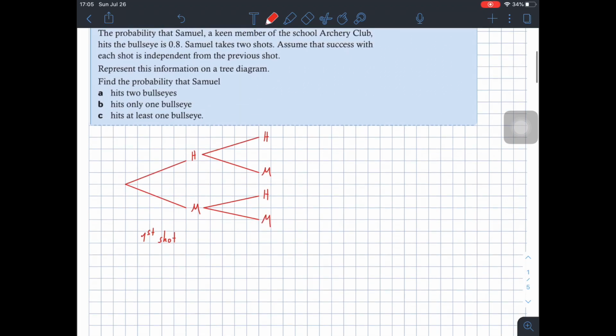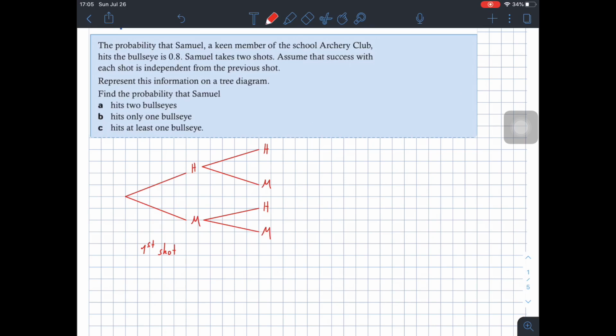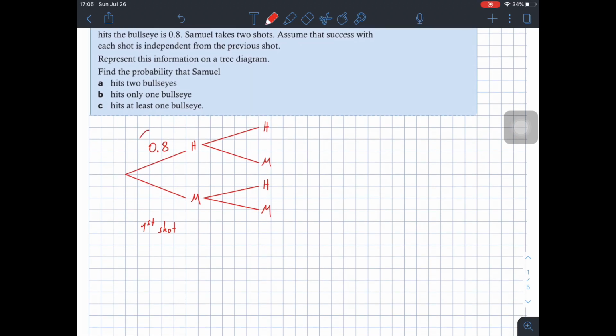Okay? So, let's write down the probability. It says that the probability that Samuel hits is 0.8, right? So, if this is 0.8, there's a property of the tree diagrams which says that the sum of the different branches should always be equal to 100%, right?